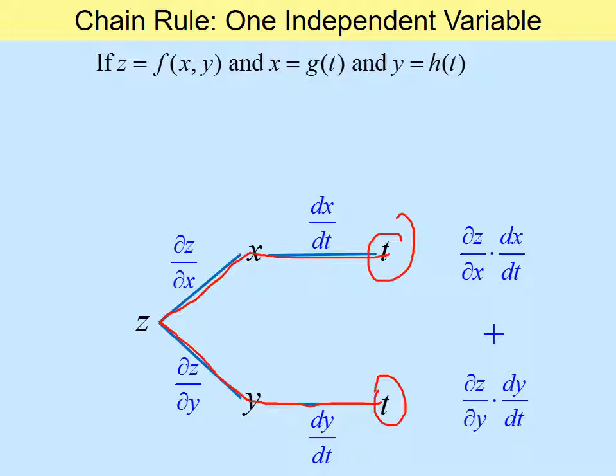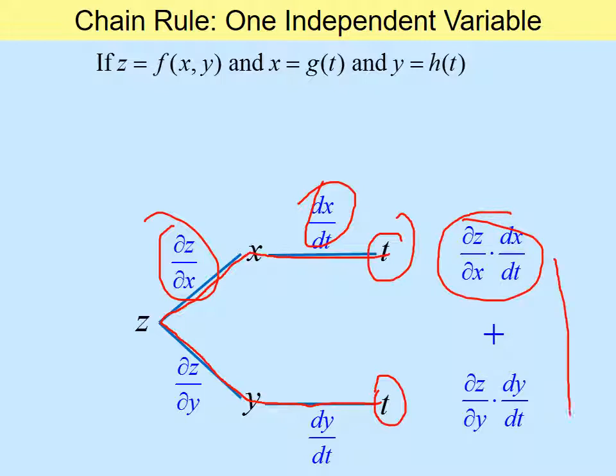So we multiply along the branches and add down the end. So that's our formula, if you will, for this particular chain rule.